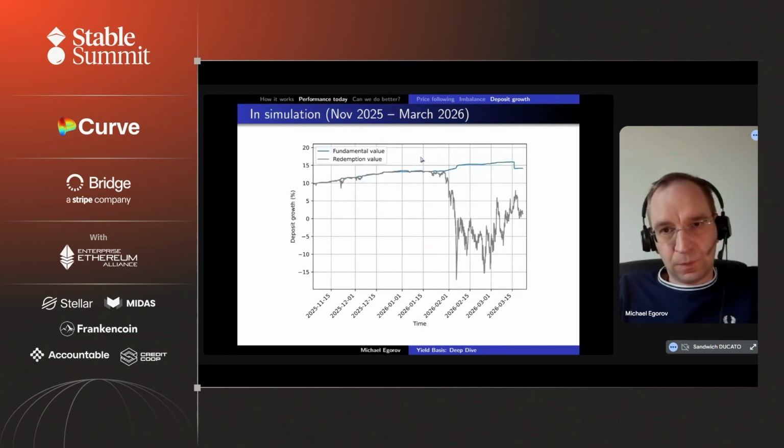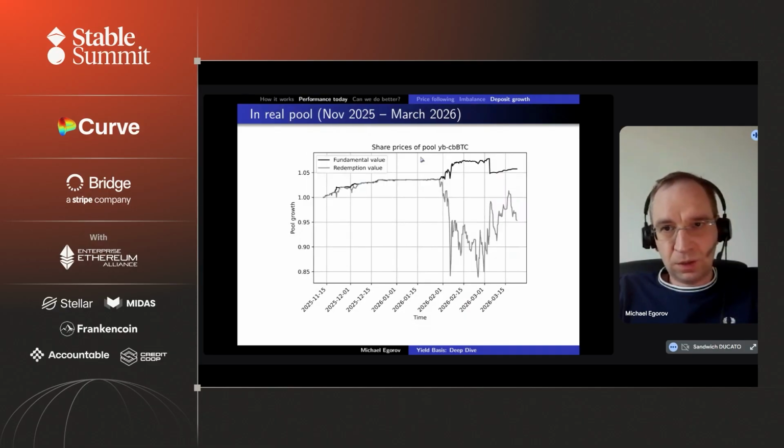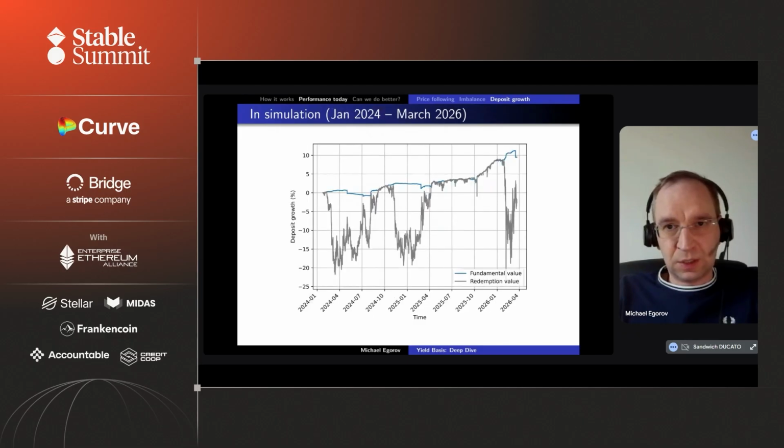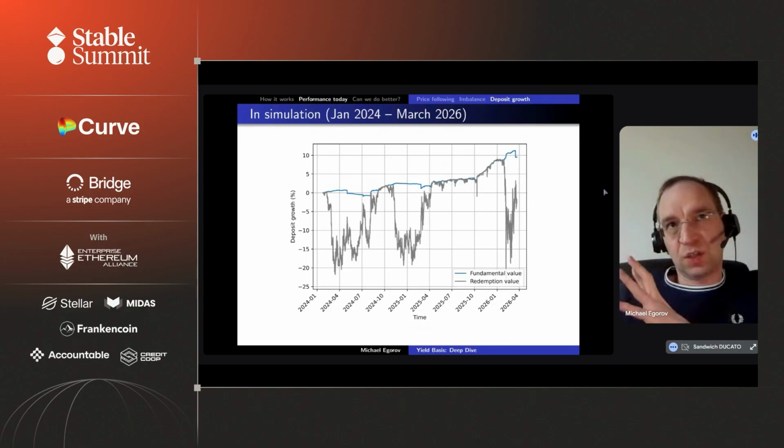So yeah, this is real data simulations over 2 years and a little bit. So we want to avoid these regions. They happen when pool is very imbalanced, right? And we also want to avoid these little drops here. They are not very good. They happen when pool suddenly adjusts the liquidity.